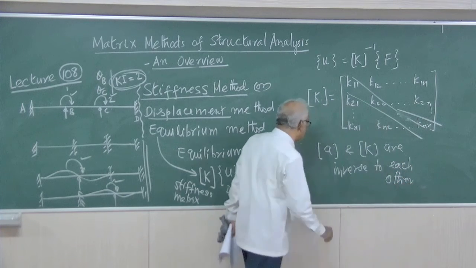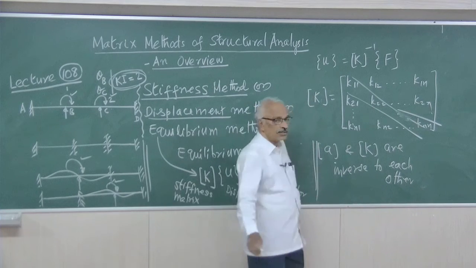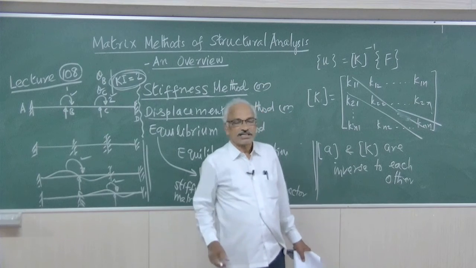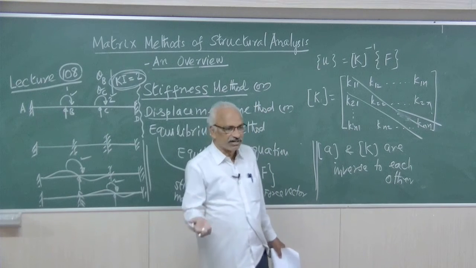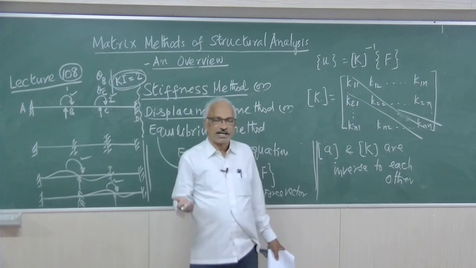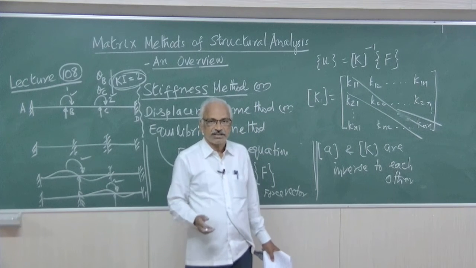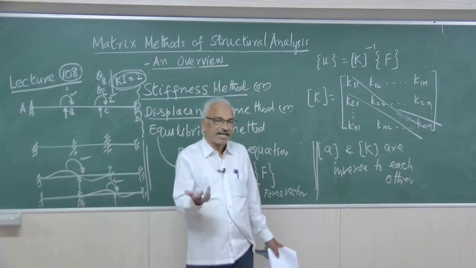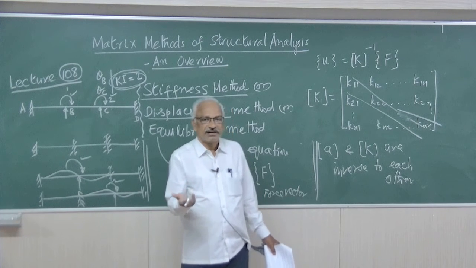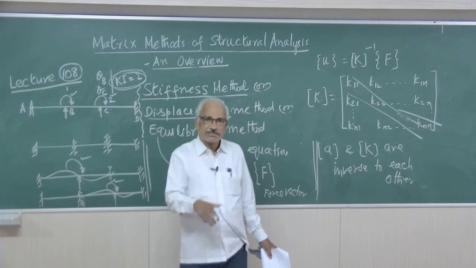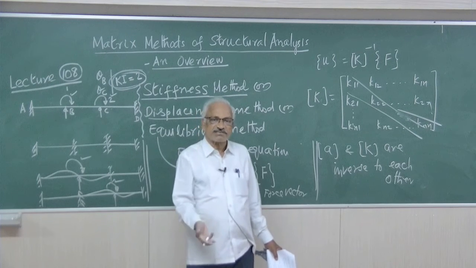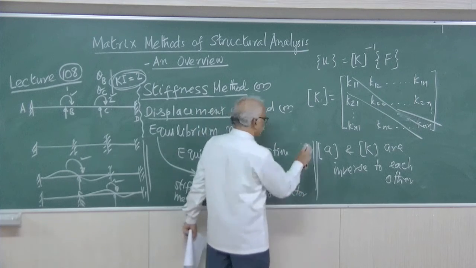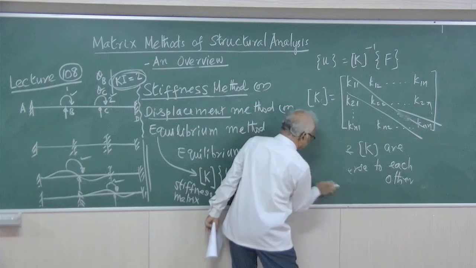Because sometimes they will give you the flexibility matrix and ask you to find the stiffness matrix. This is given in the GATE examination and other competitive examinations. So if they give the flexibility matrix, just invert the matrix to find the stiffness matrix; one has to be familiar with matrix inversion. If the stiffness matrix is given, find its inverse and you will get the flexibility matrix. So this is one point that I wanted to tell you before forgetting.